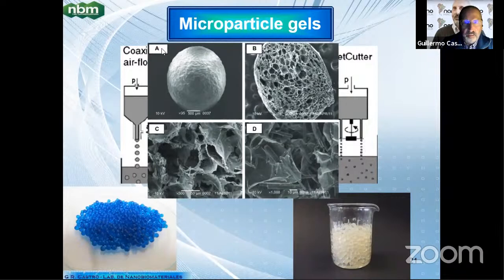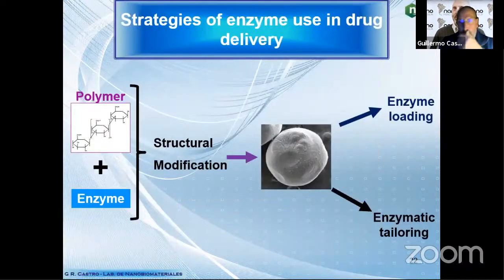And those are surfaces of different kinds. This is a cut: this is the surface of the microsphere, and this is the interior, which has a different concentration of pectins and alginates. So, what is the point of using enzymes?